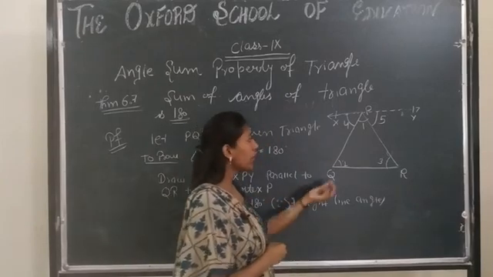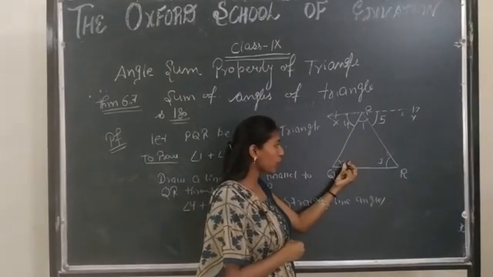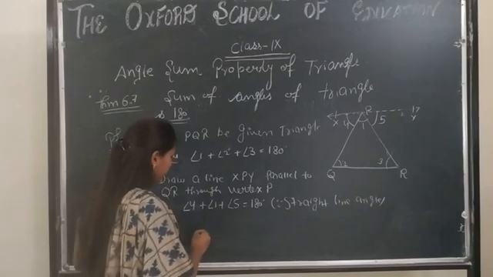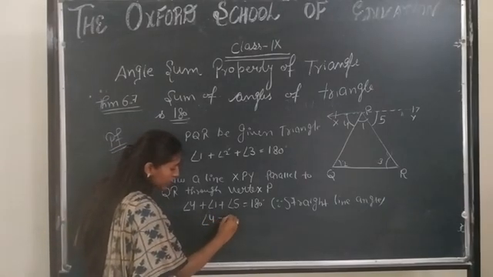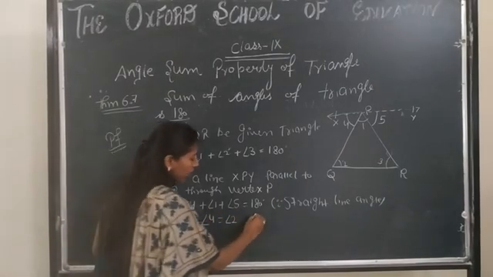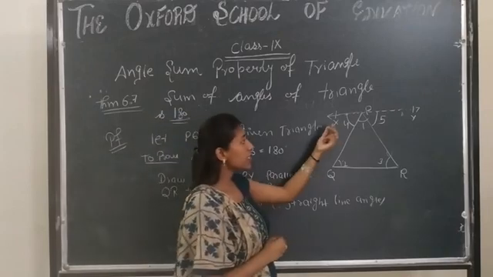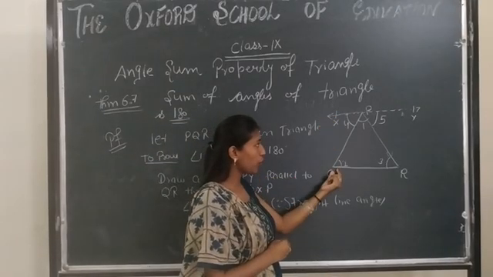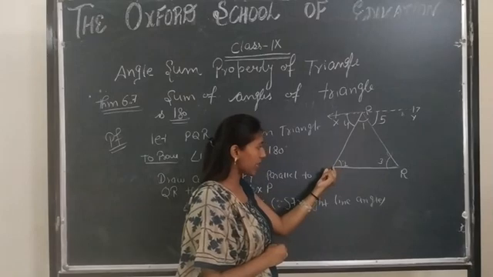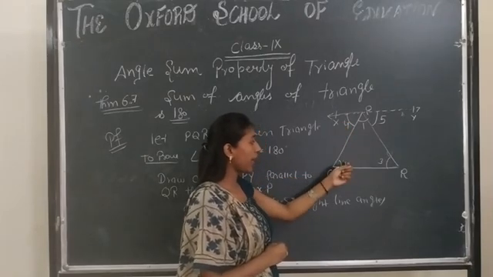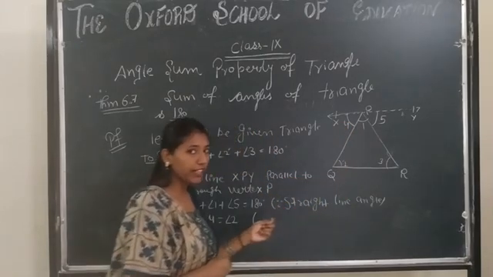Now observe angle 4 is equal to angle 2. Why? Reason: XY is parallel to QR and PQ is transversal line. So angle 4 and angle 2 are alternate interior angles.